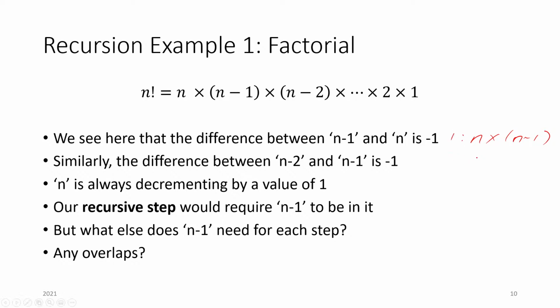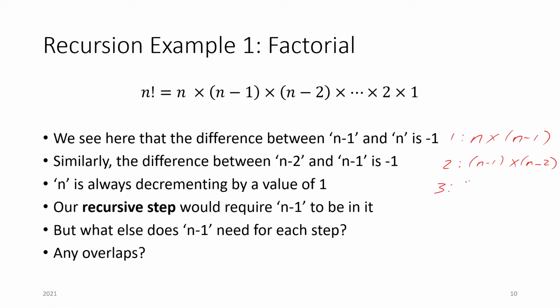Then we know it's going to be n by n minus 1, and we have that. What's going to be our second instance? Our second instance here is going to be n minus 1 by n minus 2. Alright, what's going to be our third instance?